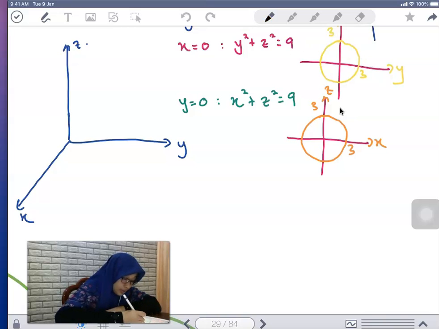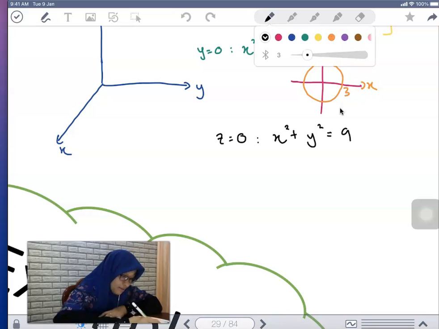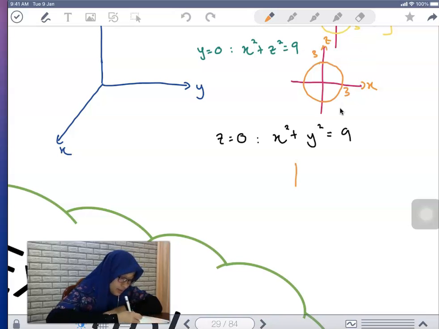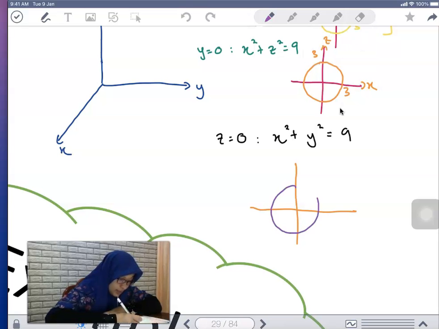And for the third one, we set z equal to 0. So you have x squared plus y squared equal to 9. When you draw the graph, it is also a circle with radius 3 centered at the origin on the xy plane.